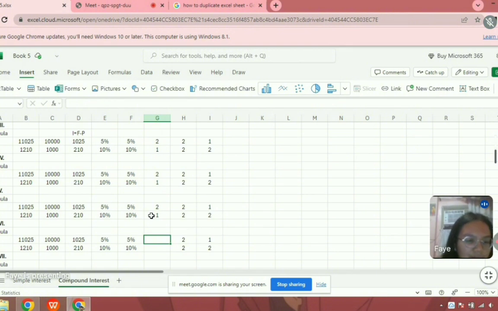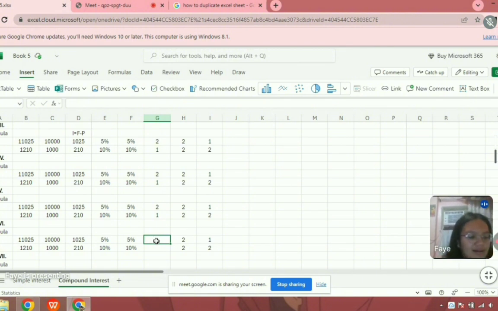Again, t is equal to log of the quantity F over P over m log of the quantity 1 plus I over m. I also cannot type it right now, so I'll just look for a way, or if not, I'll just leave the formula blank.